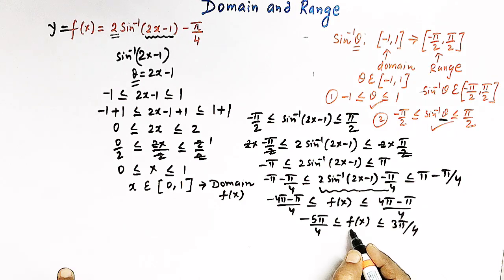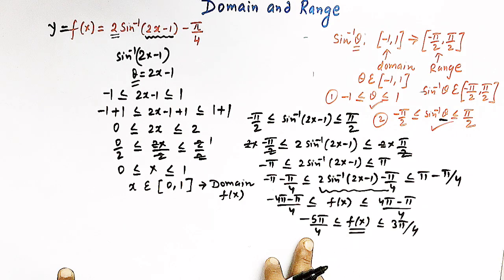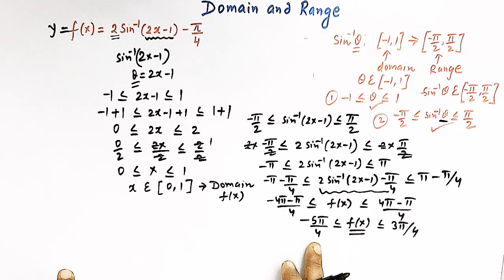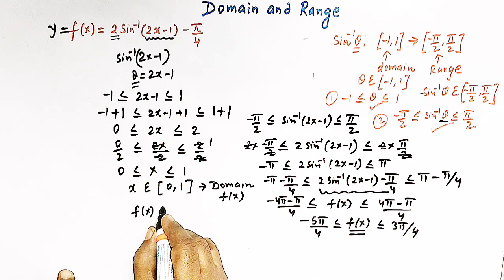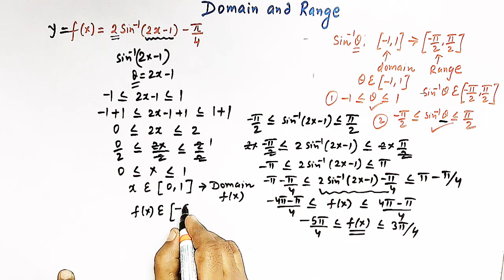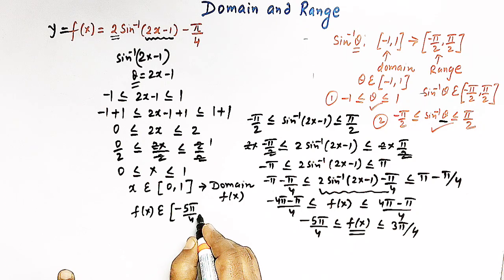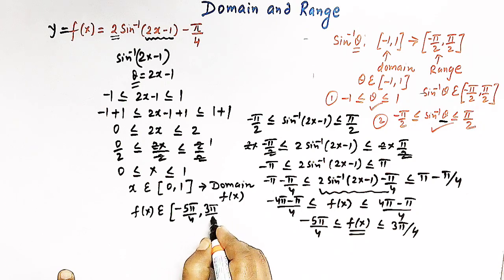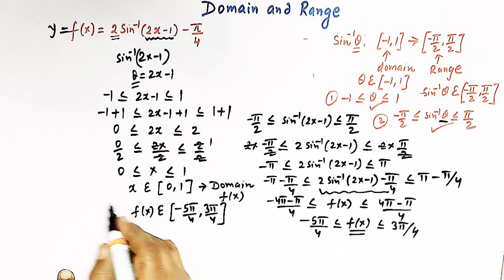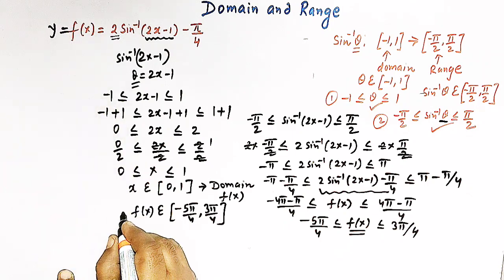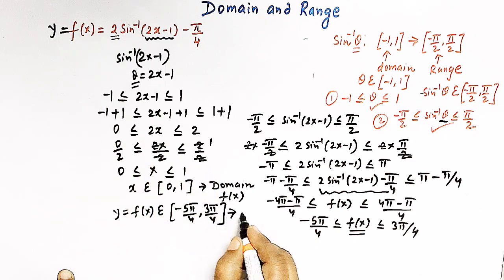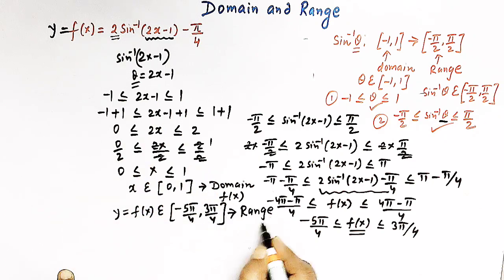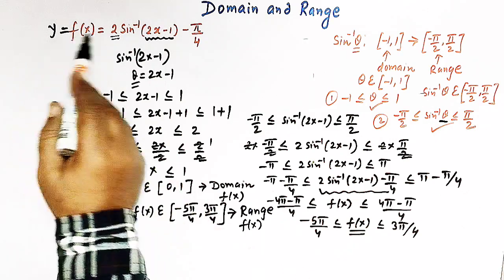So now we can see that f of x lies between these two numbers, including minus 5 pi by 4 and 3 pi by 4. So we can also write f of x belonging to the interval minus 5 pi by 4 to 3 pi by 4, right? And f of x is equal to y, and y is given by the range, right? So this is the range of the function f of x.